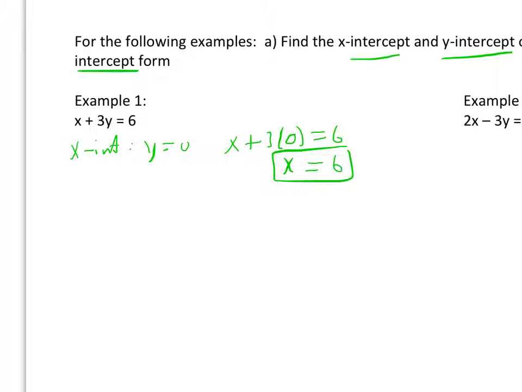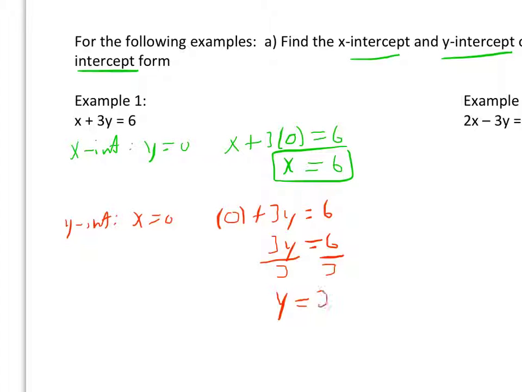To find the y-intercept, x is equal to 0. So we plug a 0 in for x: 0 plus 3y equals 6. So we have 3y equals 6. Divide both sides by 3 to undo the multiplication, and our y-intercept is 2.